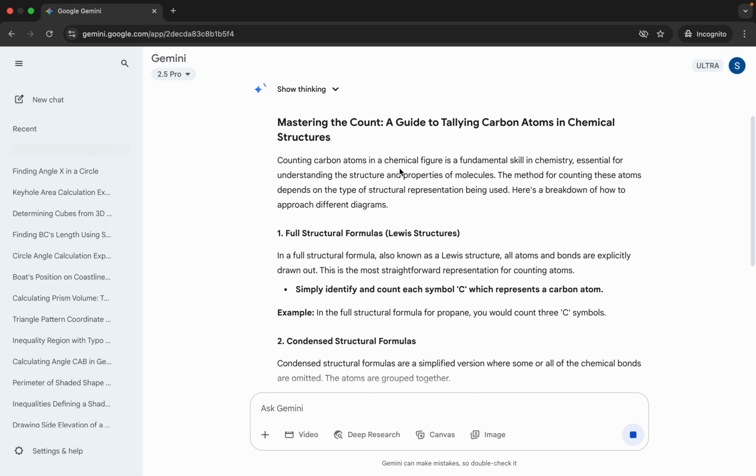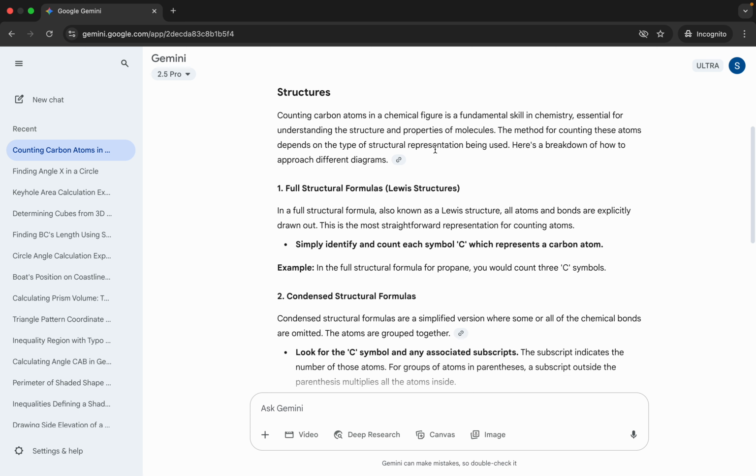Counting carbon atoms in a chemical figure is a fundamental skill in chemistry, essential for understanding the structure and properties of molecules. The method for counting these atoms depends on the type of structural representation being used. Here is the breakdown.